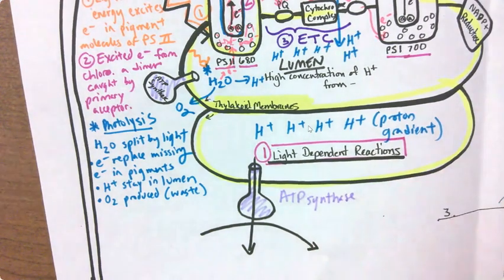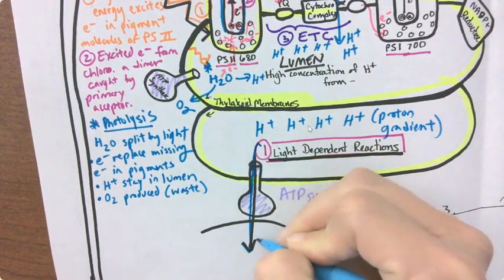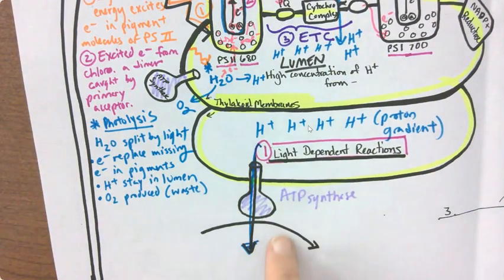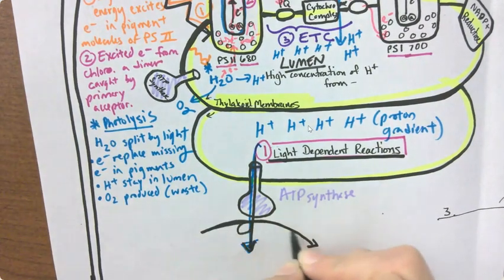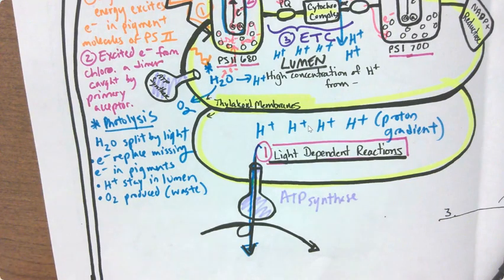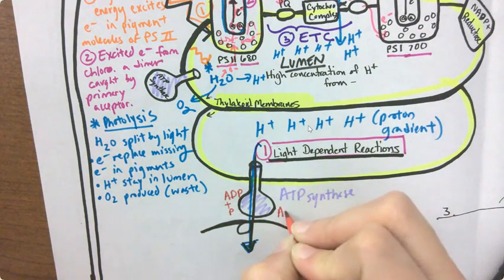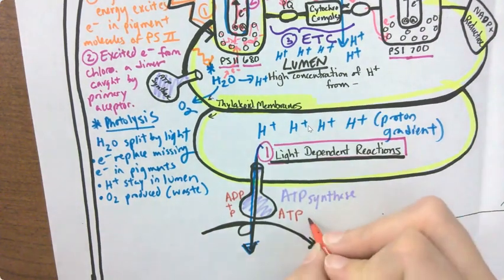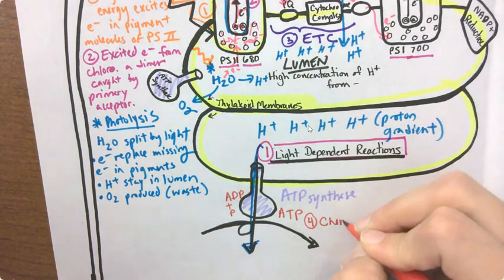That ATP synthase protein allows these protons to flow through it from an area of high concentration to an area of low concentration. Once again, that ATP synthase is going to spin, and it's going to cause ADP and phosphate to join together to make ATP. So we have this fourth step over here, which again should be familiar from cellular respiration, called chemiosmosis.